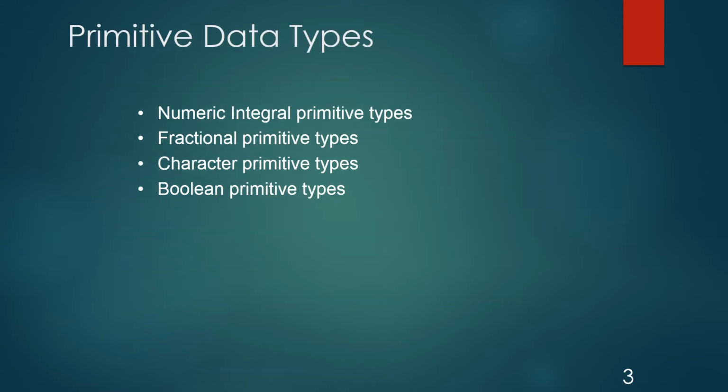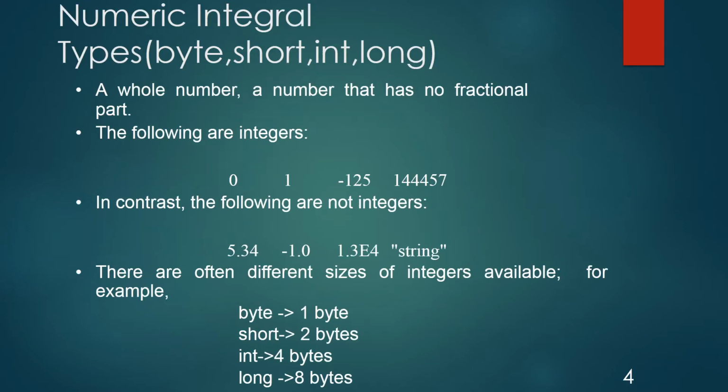Now, the first broad category of the primitive data types is numeric integral primitive types, then fractional primitive types, character primitive types, and Boolean primitive types. Beginning with numeric integral types, this data type is of four types: byte, short, int, long.